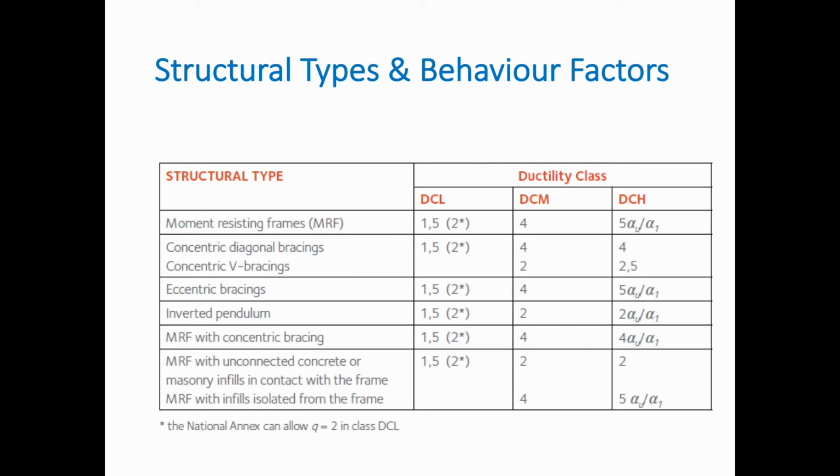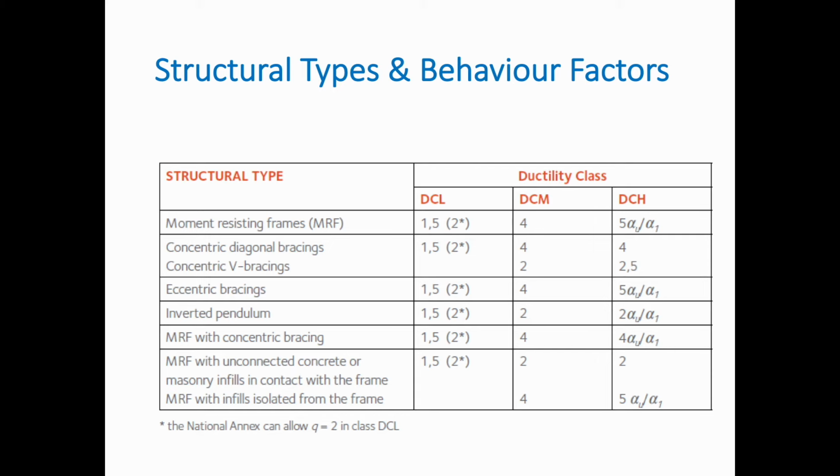As you can see, there are different numbers given for different cases, but overall we can say that for low ductility we're talking about a behavior factor q of 1.5, and there is the number 2 with an asterisk, which says that the national annex can allow for q equal to 2 in class DCL. So have a look at that when you are working here in the UK.